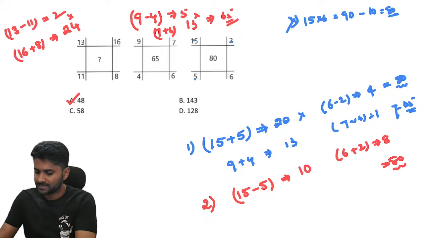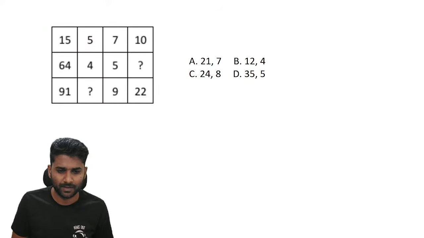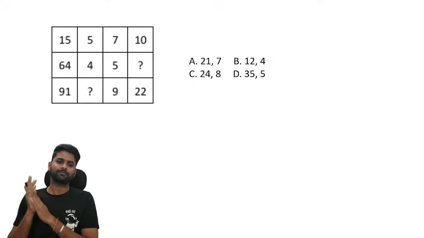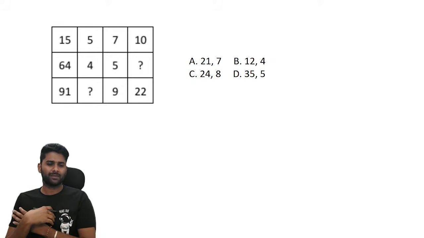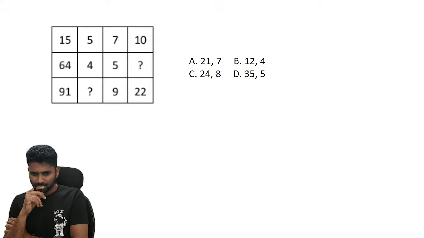Clear? Yes. Let's move on to the next question. So again, it's a 4 by 3 grid. Apply any mathematical operations and find those two missing numbers.